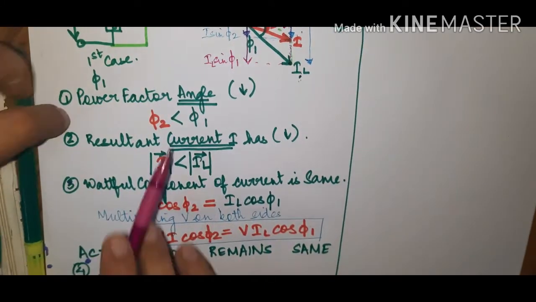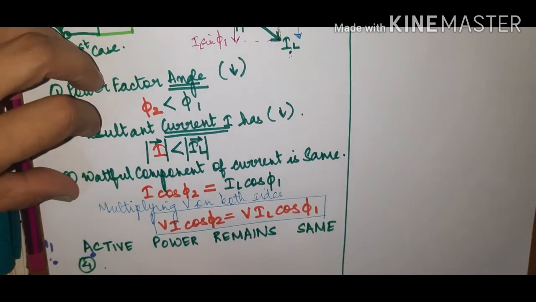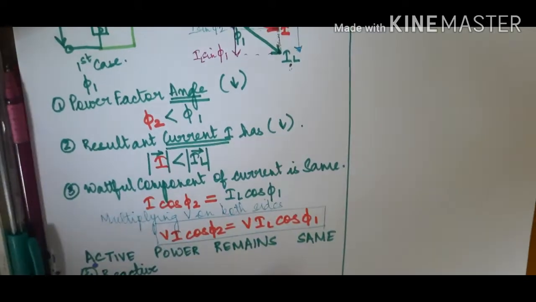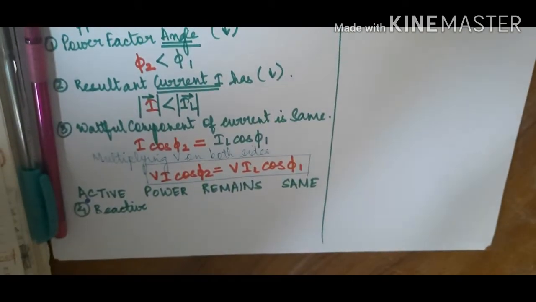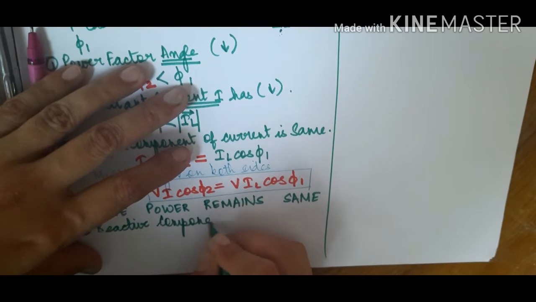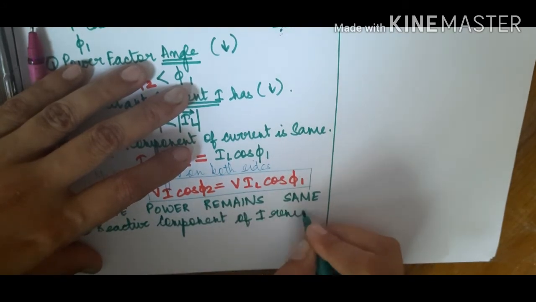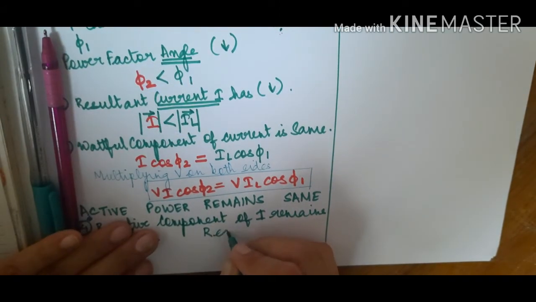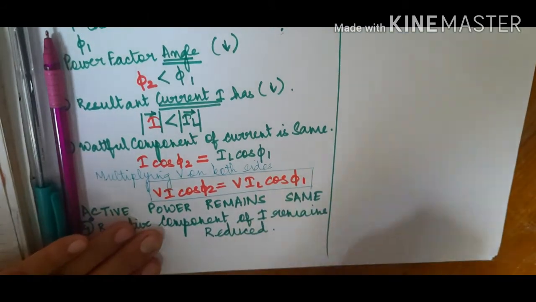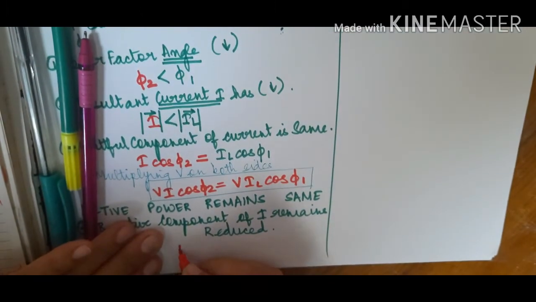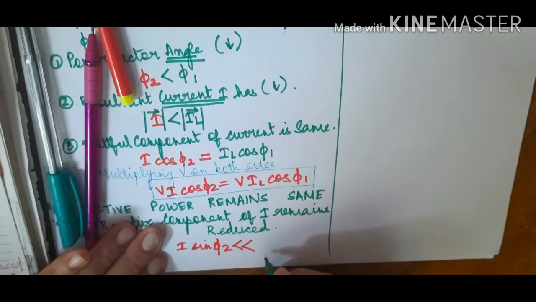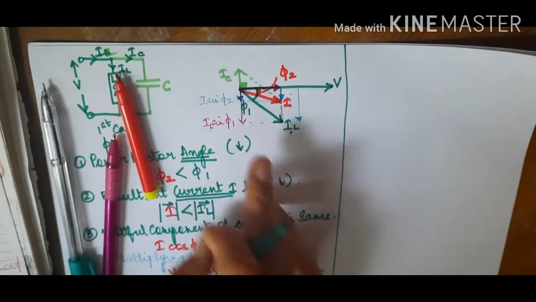So the reactive component of current remains reduced, or goes down. I sin phi 2 is very much less than IL sin phi 1. You can see it in this particular diagram.